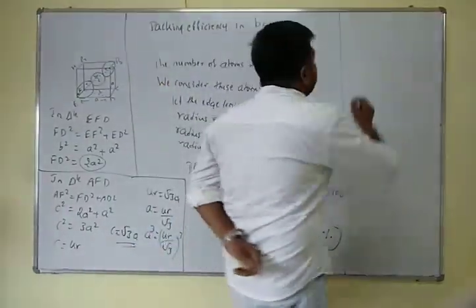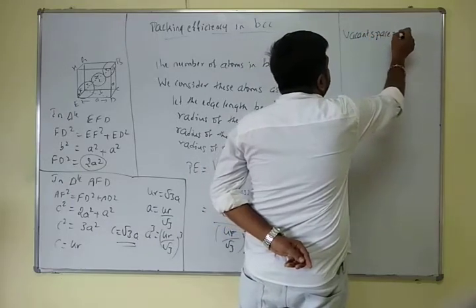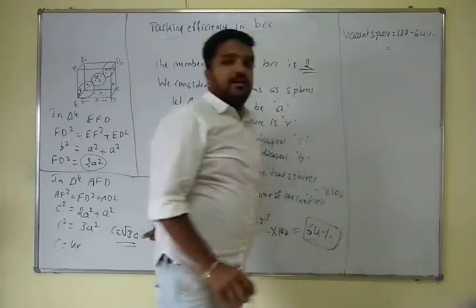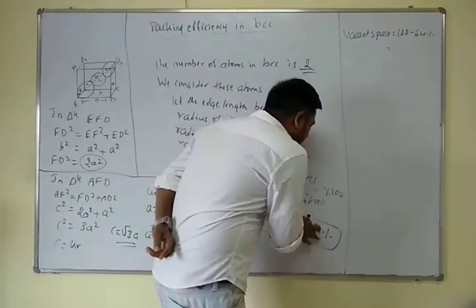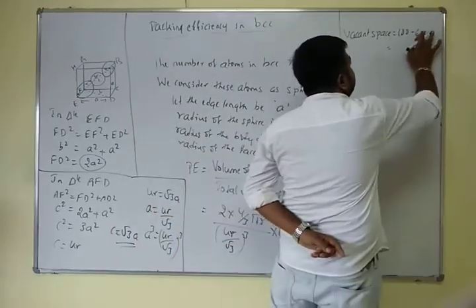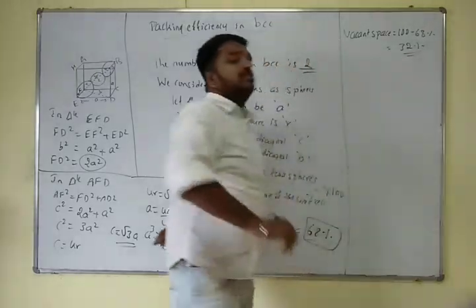After knowing the packing efficiency, it is very easy to calculate the empty space, the vacant space. The vacant space is 100 minus 68%, not 64. 100 minus 68 is 32%, which is the vacant space.